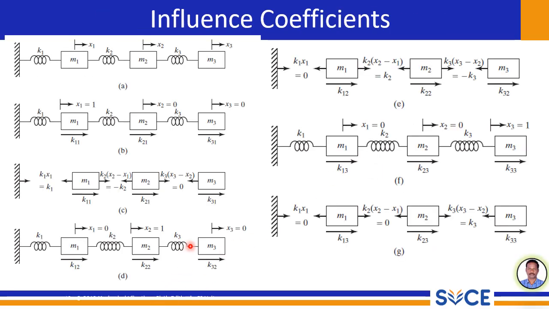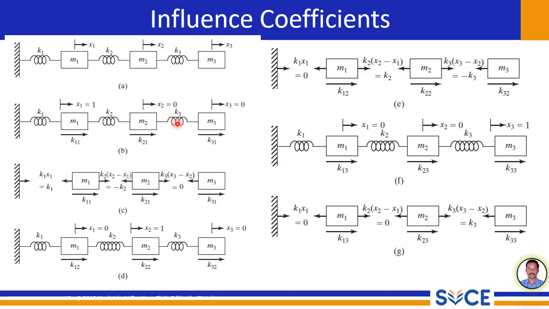To further visualize what has been explained in the previous slides, that is the concept of stiffness influence coefficient for our 3-mass spring system, this slide presents a series of diagrams illustrating each case we considered. Let's start with diagram B. This represents the first case, where we applied a unit displacement to mass 1 while keeping masses 2 and 3 at 0 displacement.